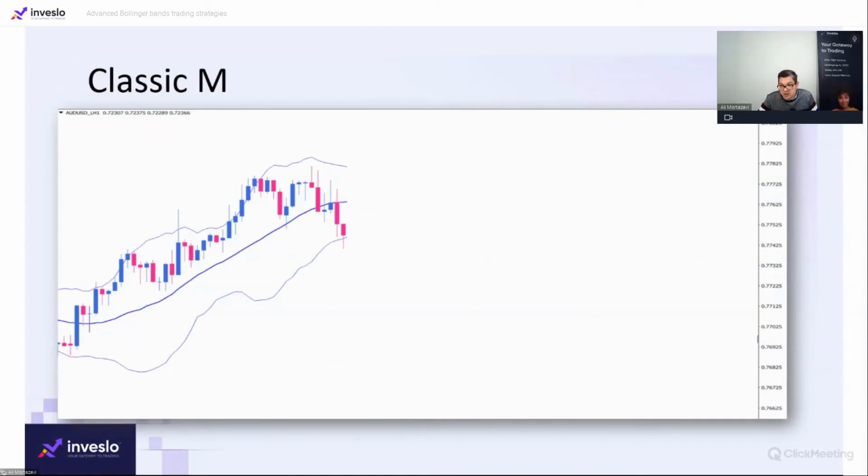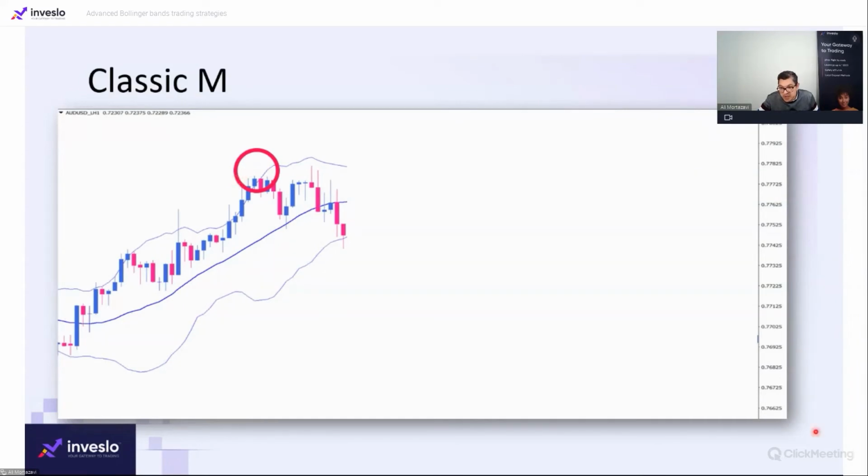Also, Mr. Bollinger uses the M pattern with Bollinger Bands to identify M tops. In its simplest form, the M-top chart pattern is similar to a double top chart pattern. M-tops occur when a price moves close to or above the upper band, as you can see here.